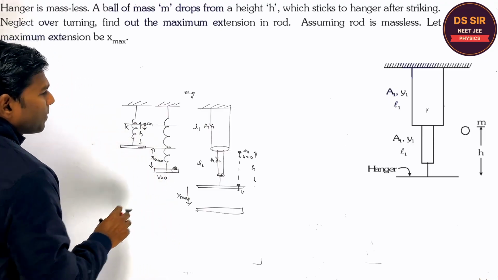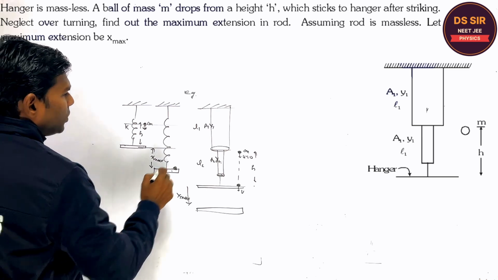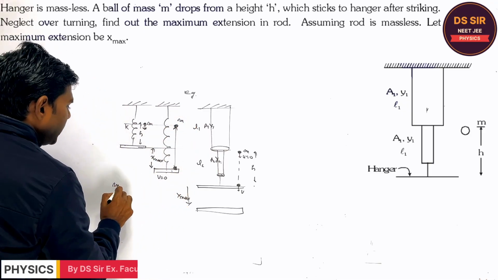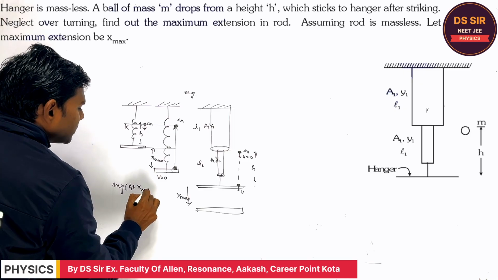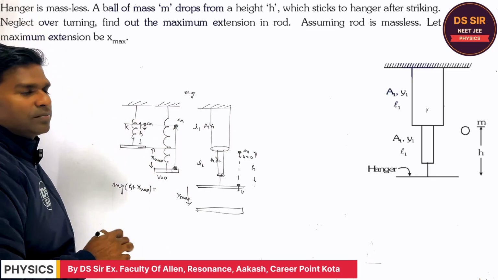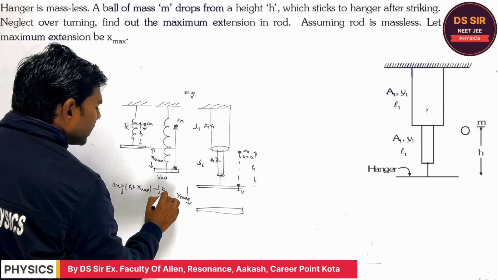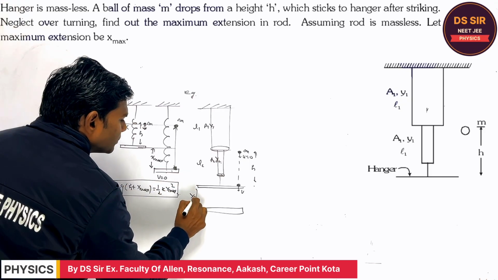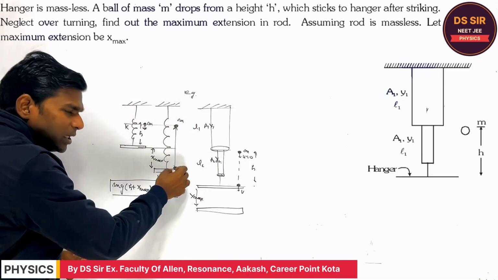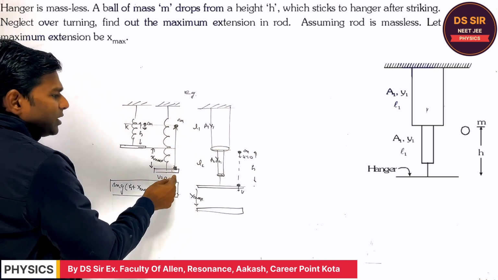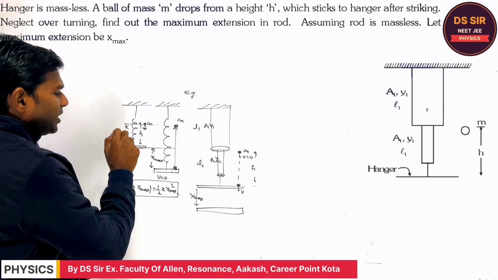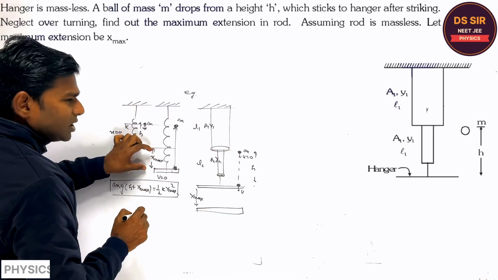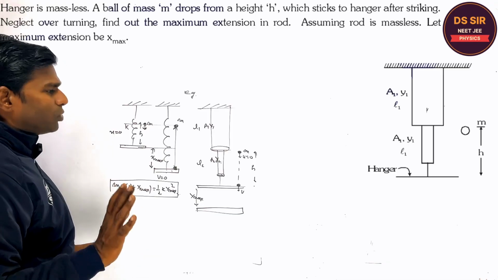The decrement in the potential energy of mass M, mg(h plus x max), is stored in the form of elastic potential energy of the spring, which is half k x max square. You understand this concept or not, you tell? Because the initial elongation is 0, the final elongation in the spring is x max.